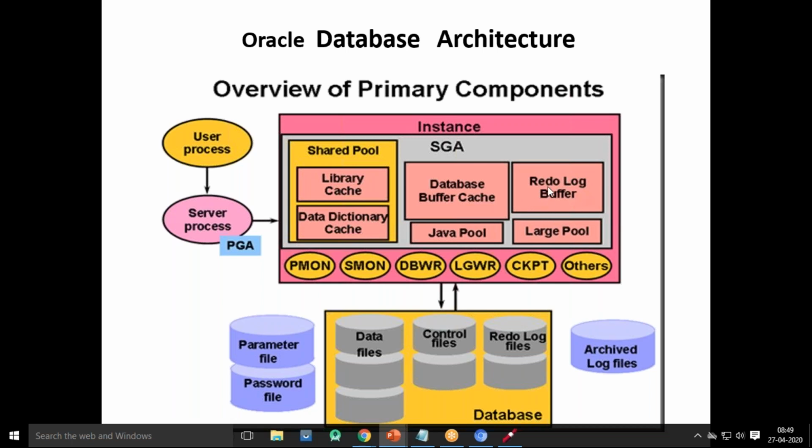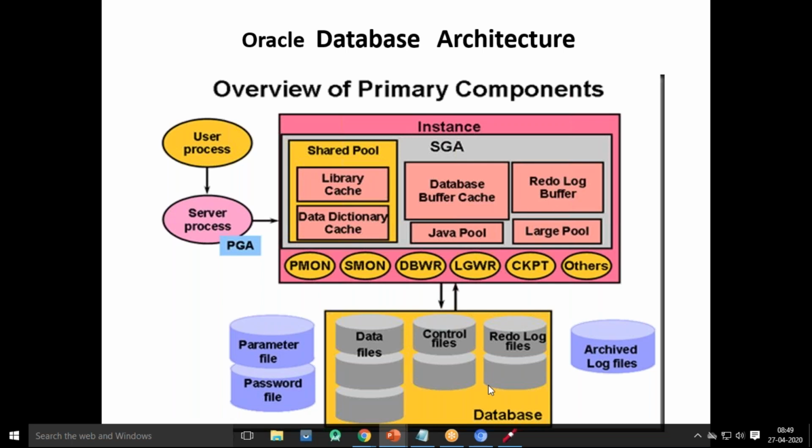To regenerate the data, this redo log buffer is used, because it contains all the transaction details, right? So using that, we can generate the data again. That is the purpose of the RLBC. That's why we call this as used for recovery purpose.